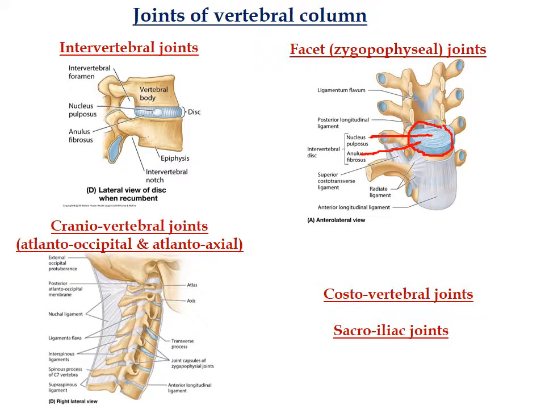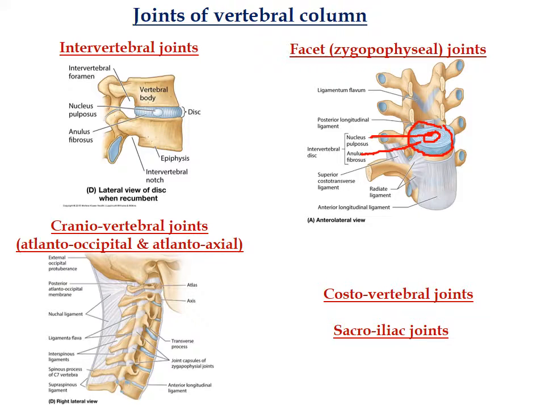But the nucleus pulposus, located more posteriorly, is avascular. Nutrition is through diffusion from blood vessels, but it dehydrates with age. That's all about the structure of the intervertebral disc.